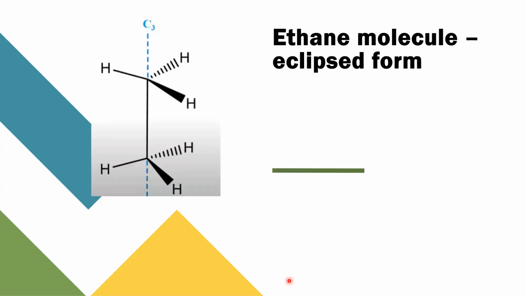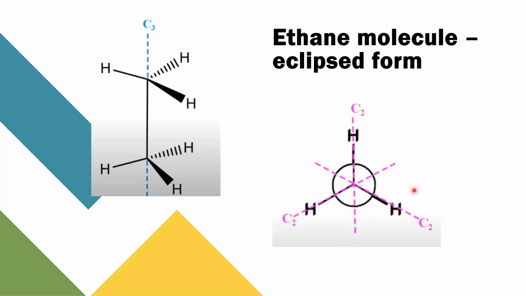But in this case, the eclipsed form, in the Newman projection, each hydrogen is overlapping the other hydrogen. Therefore, you can have a C3 axis and C2 axes along these carbon-hydrogen bonds. So there are 3 C2 axes, but the position of the C2 axis is different from the staggered form.